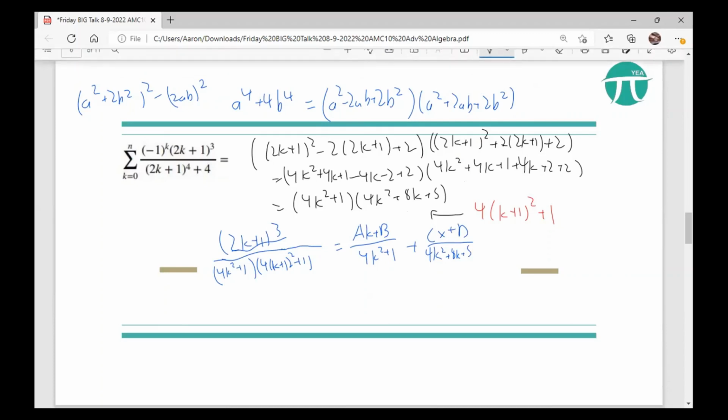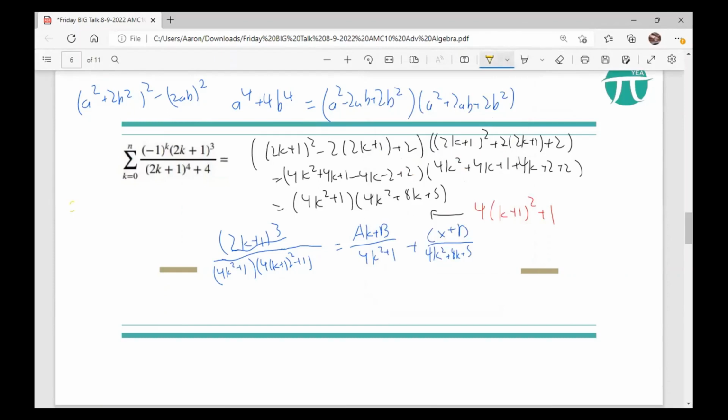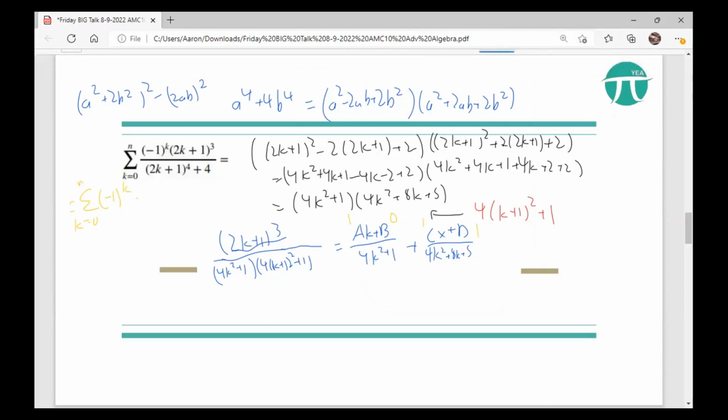So this sum is equal to the sum from k equals 0 to n of -1 to the k times, and once you solve it, you can see that a is 1, b is 0, c is 1, and d is 1, which is a fairly nice solution, really.